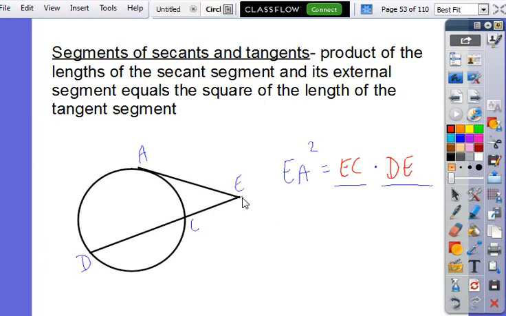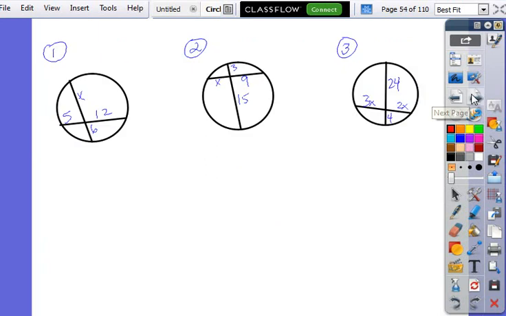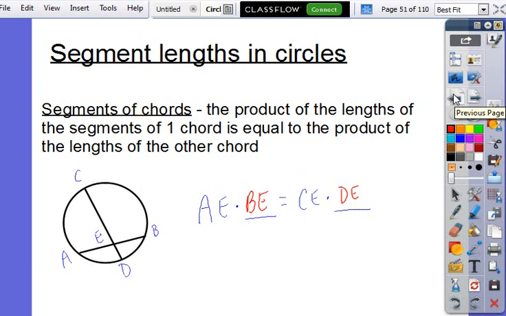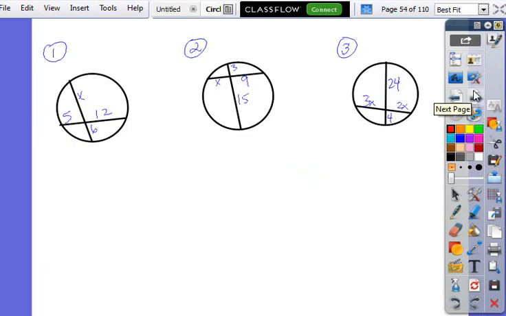All right, look at this first one right here. Which rule is this? It's the first one. And the first one says I'm going to take the parts of each chord and multiply them together. So I would take 6 times x, you can do x times 6, not going to change anything, equals what? 5 times 12.